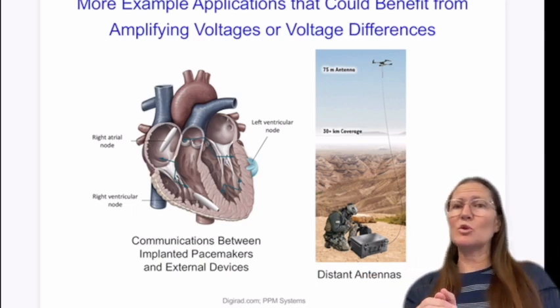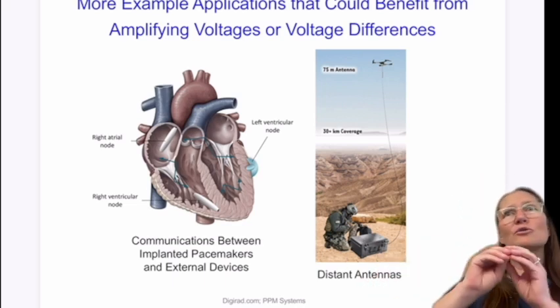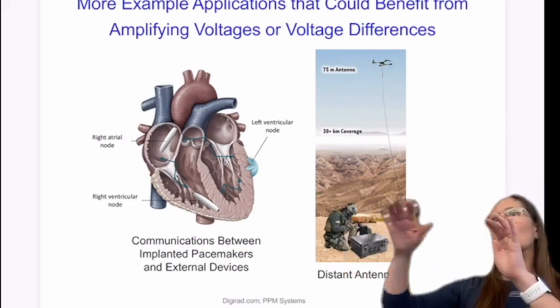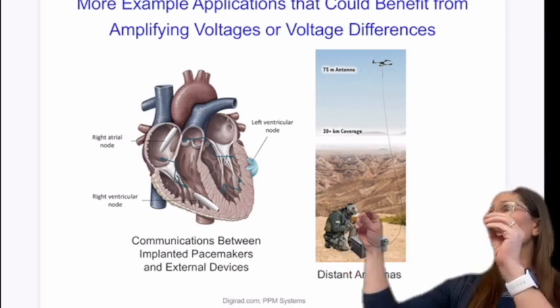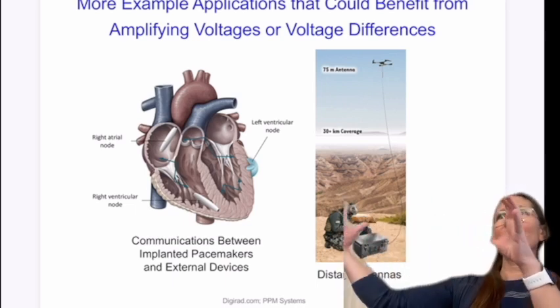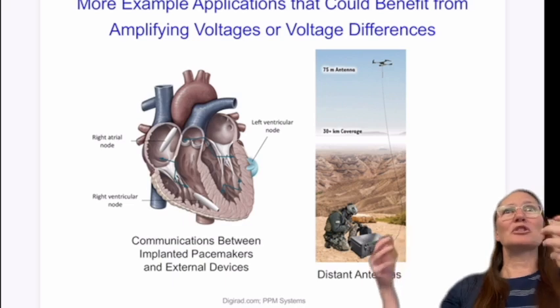Another one is thinking about your cell phone or any other communications. As you send a signal, you want it to be a low signal, so it's not going to harm or take up a lot of bandwidth and create a lot of power and energy, and therefore create other things.